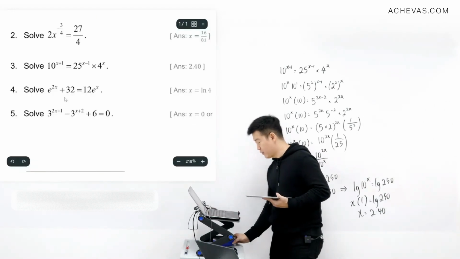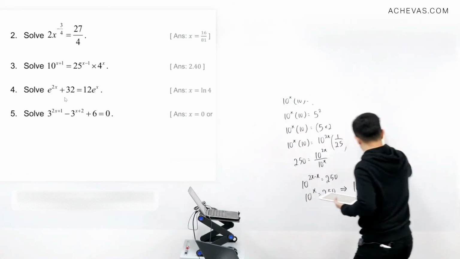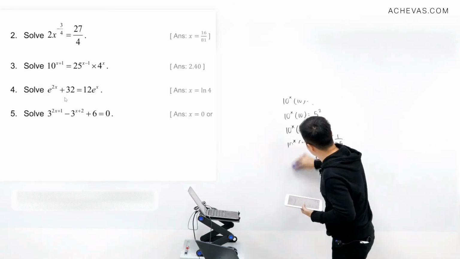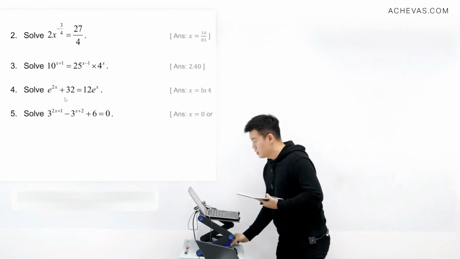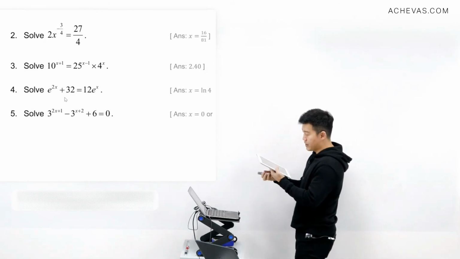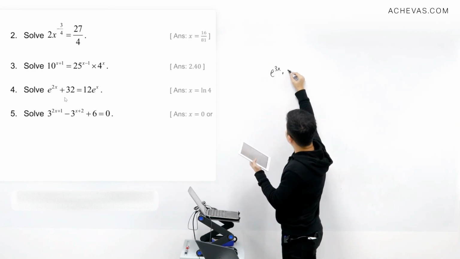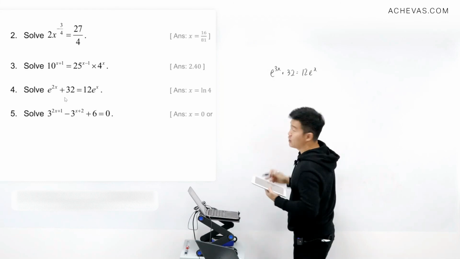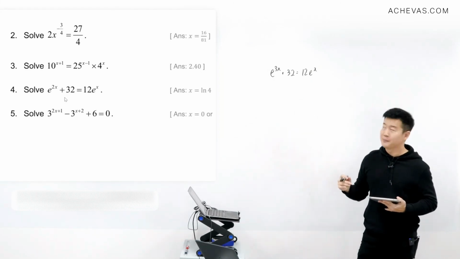Here, question number 4. In this question number 4, we have e to the power of 3x plus 32 is equal to 12e to the power of x, where e is Euler's number, 2.718 and so on.